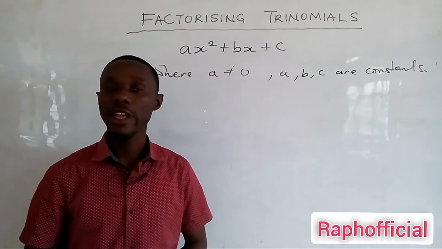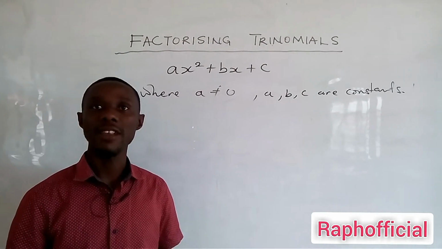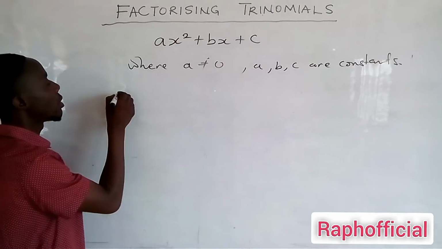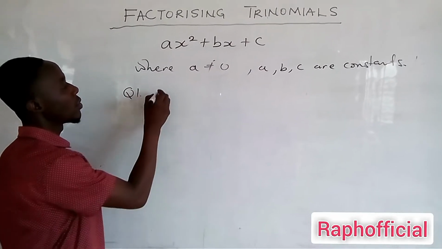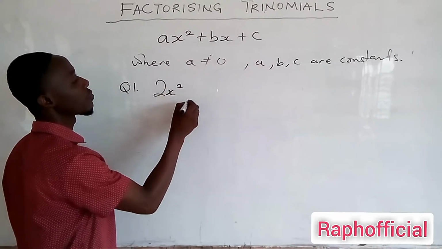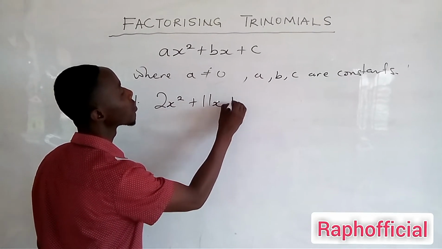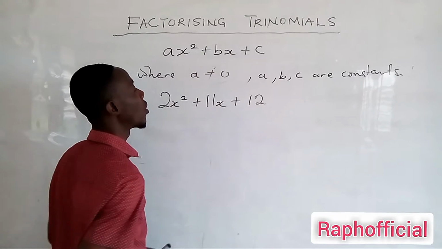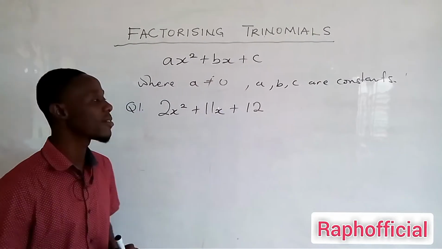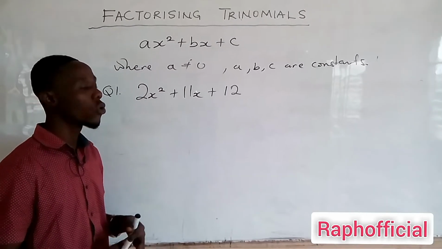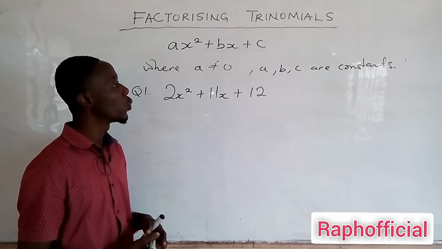Now, let's take examples of trinomials and factorize them. Let's take this one, 2x squared plus 11x plus 12. When we are asked to factorize something like this, it's a trinomial: 1, 2, 3 terms. What do we do?